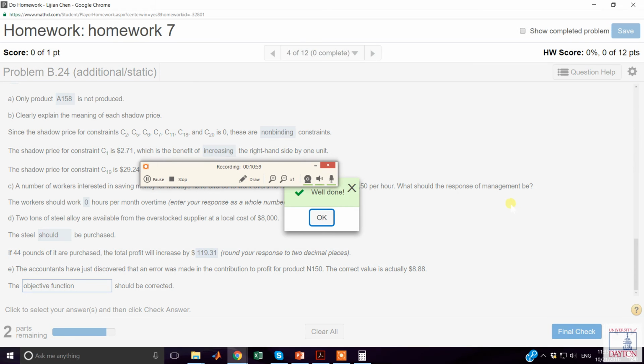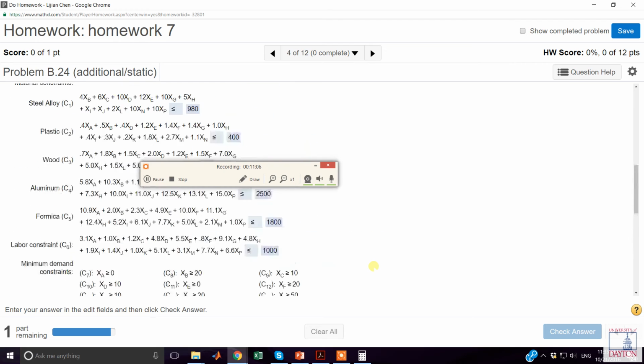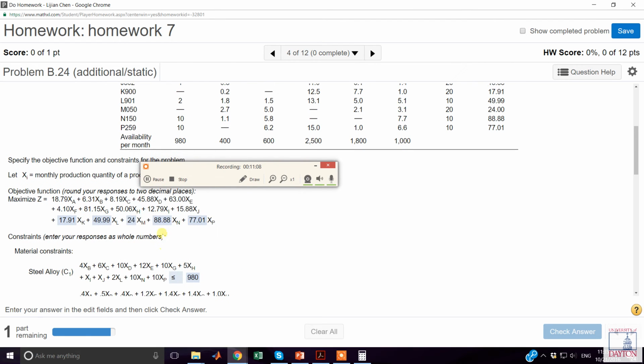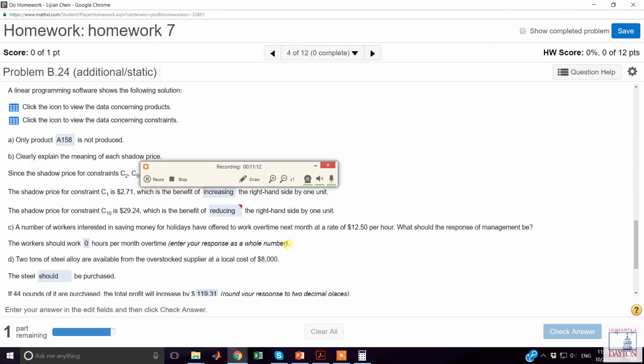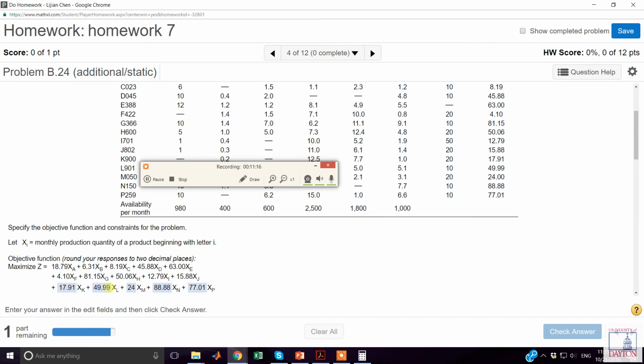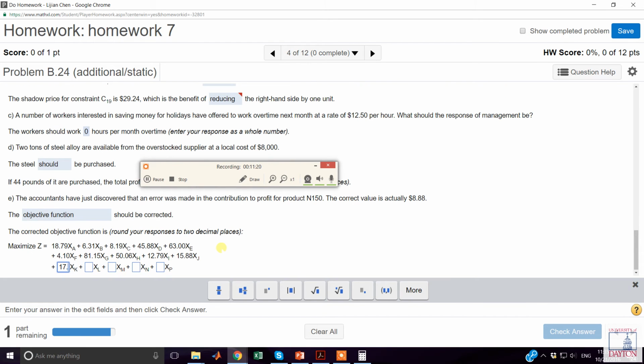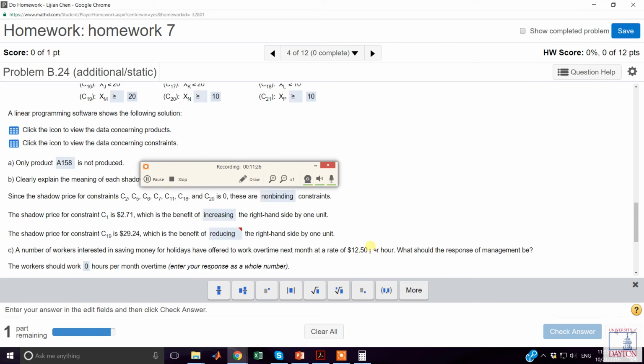Okay, and then afterwards, what do we get? The new objective function will be, I think it's pretty easy because that's the only thing we change. Starting from 49.99 in L. Oh, I'm sorry, it's not 49.99. It's 17.91 and 49.99. And what else?